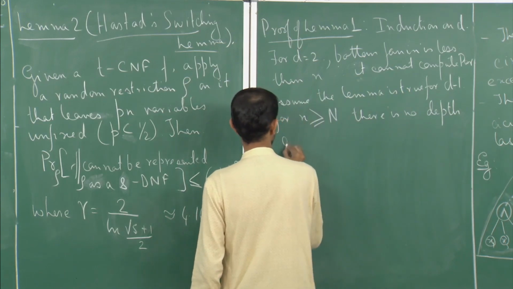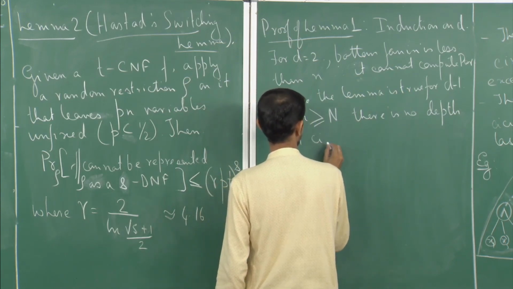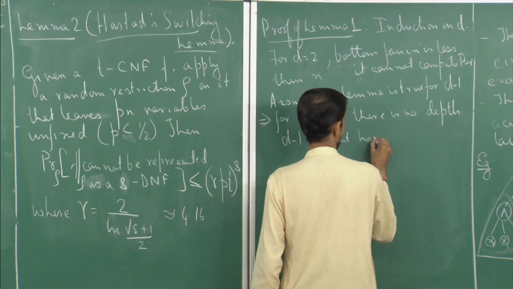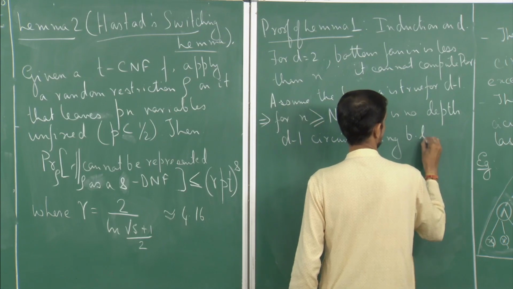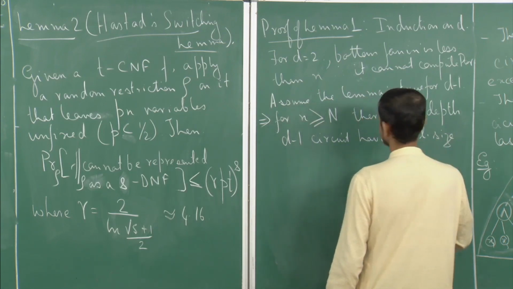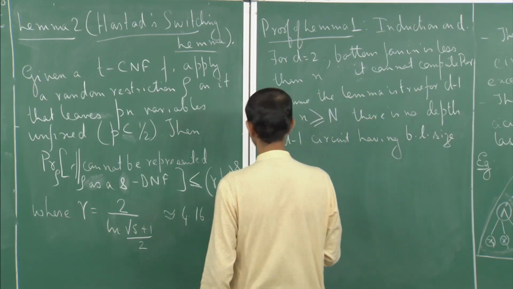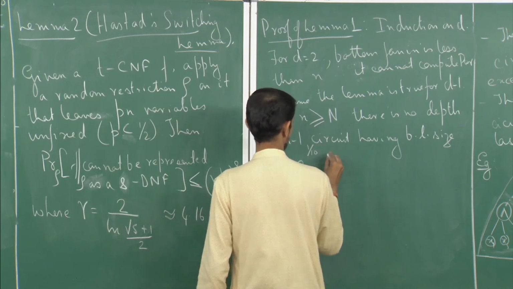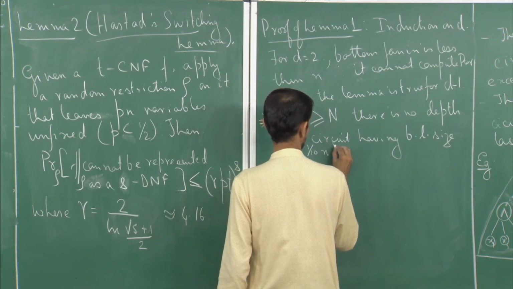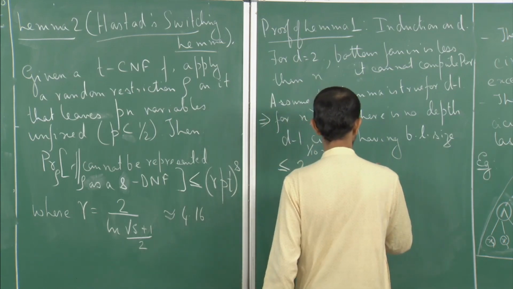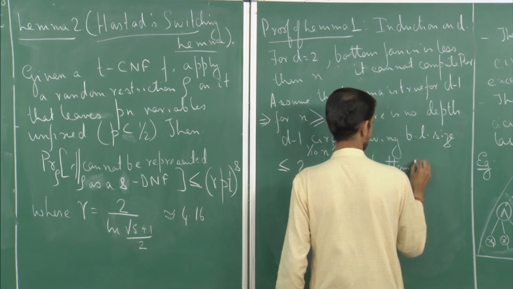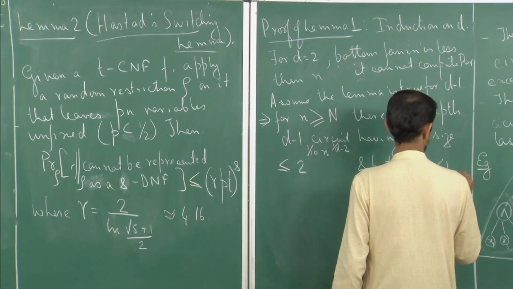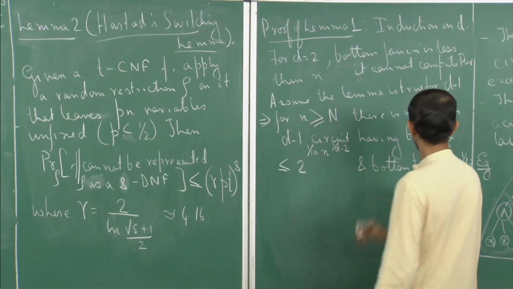depth D minus 1 circuit having top fan-in, size less than or equal to 2 to the power 1 over 10 n to the power 1 over D minus 2 and bottom fan-in less than or equal to 1/10 of n to the power 1 over D minus 2.